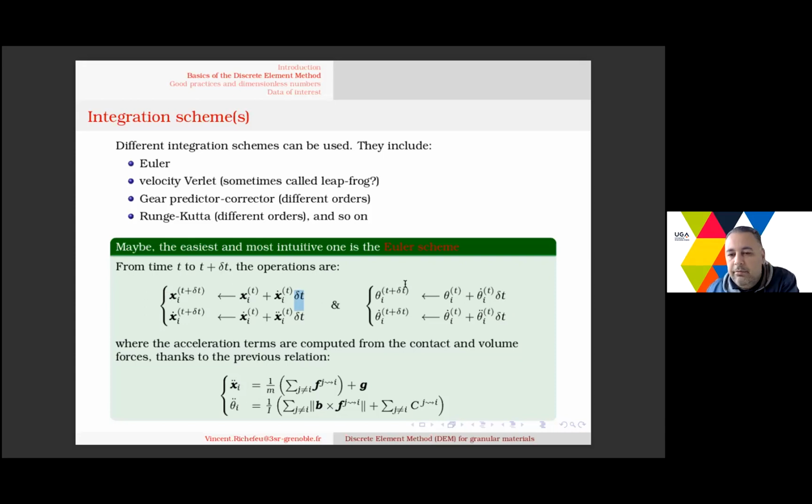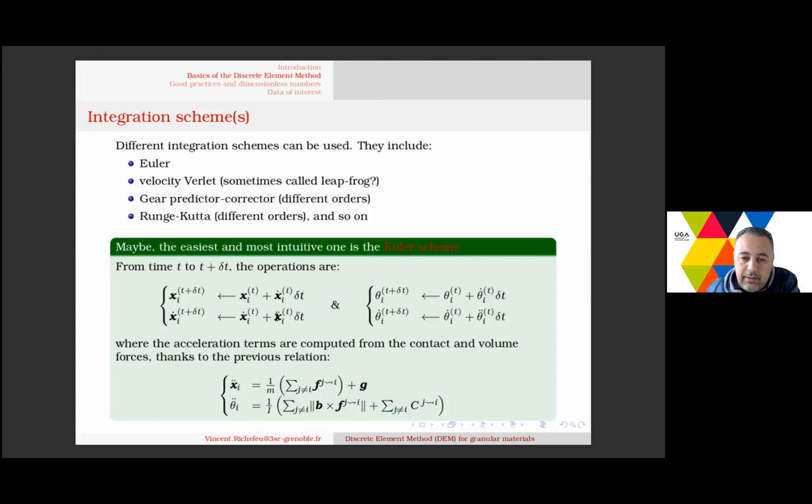I can do the same for the angular position, the orientation. Okay. And then I do the same, but this time for the velocity. So I update the position and then the velocity. With this simple scheme, I take the current velocity, I add to it the acceleration times a small time step and put it in as a new value. The same for angular velocity.